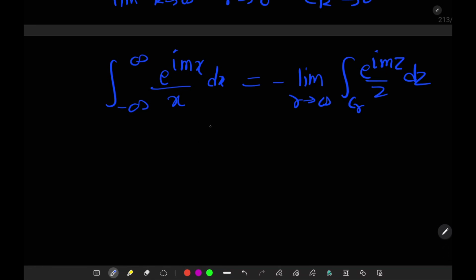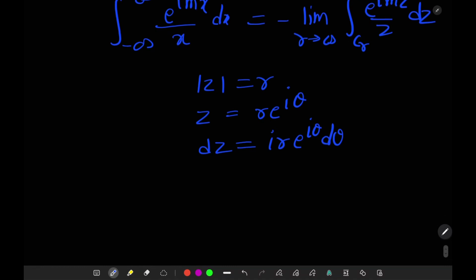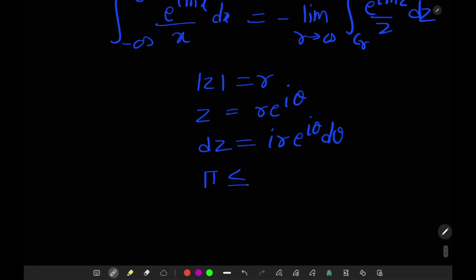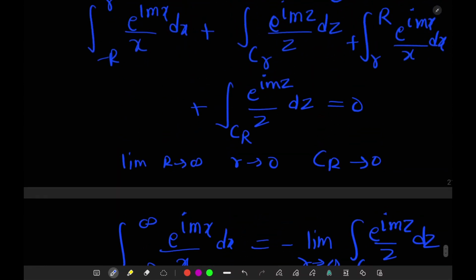Now for this type of question we use mod of z equals r, and z equals r e raised to power iota theta and dz equals iota r e raised to power iota theta d theta, and taking limits 0 to pi, sorry. We take the limit according to the direction of the curve given.